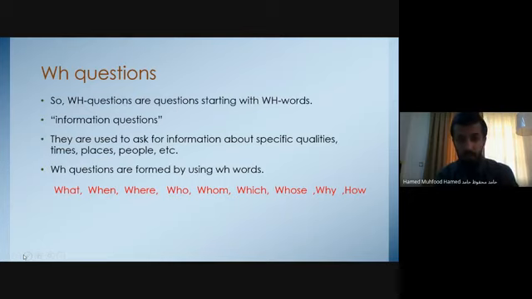We use which to ask for choices. We use whose to ask about possession. And we use why to ask for the reason. And we use how to ask about the manner or the process of an action, right?